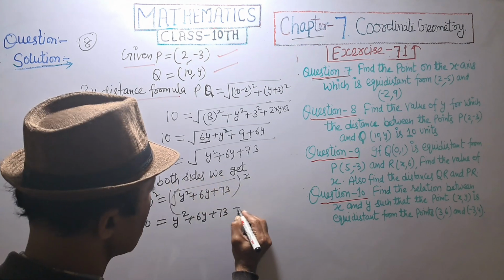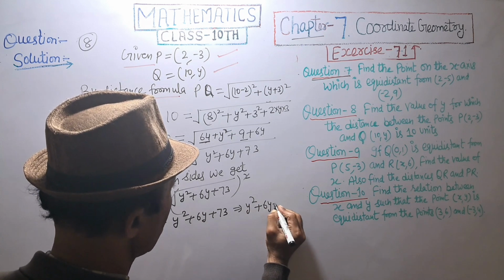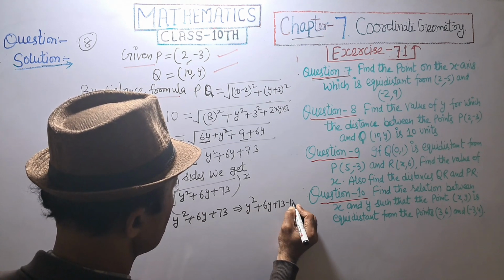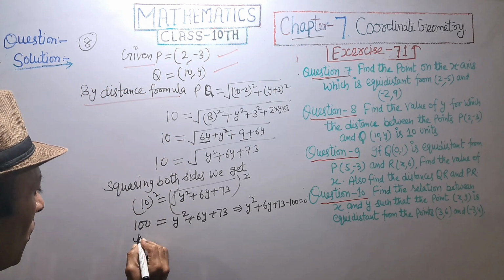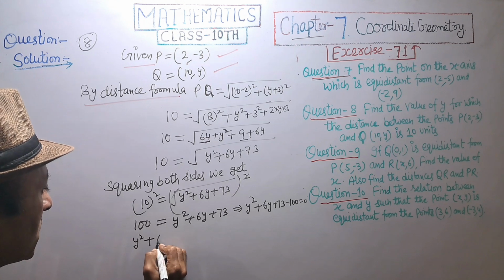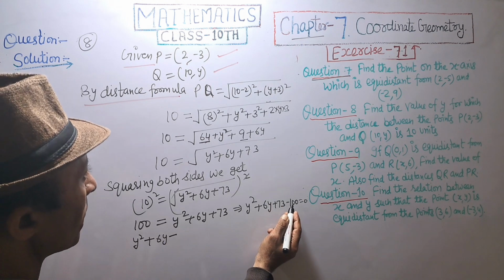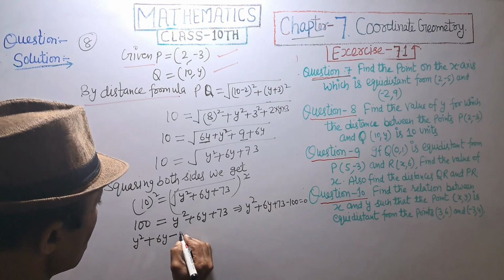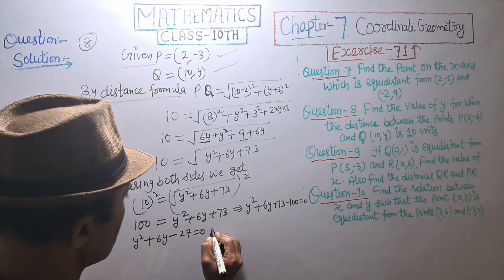Shifting 100 to the right side, y square plus 6y plus 73 minus 100 is equal to 0. So y square plus 6y minus 27 is equal to 0. 100 minus 73, that is 27.